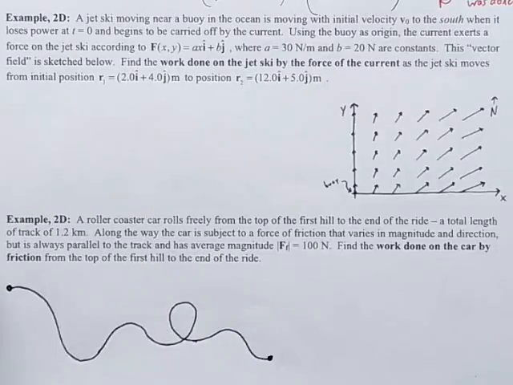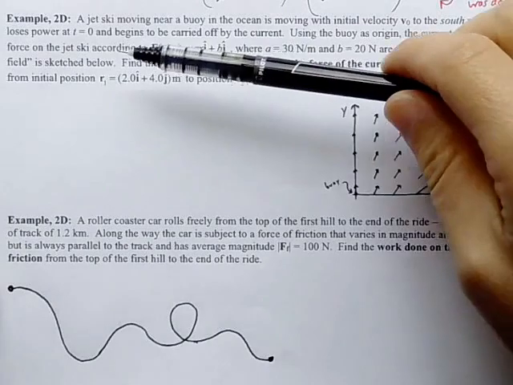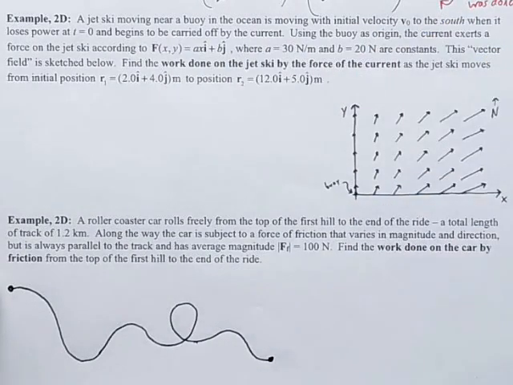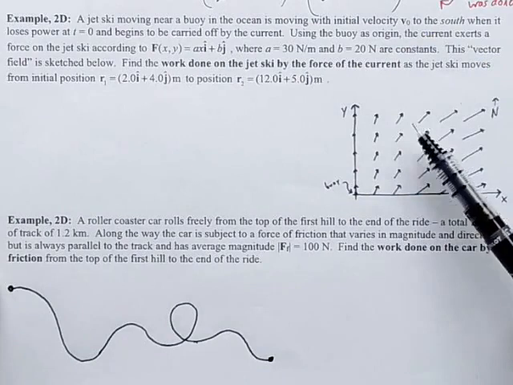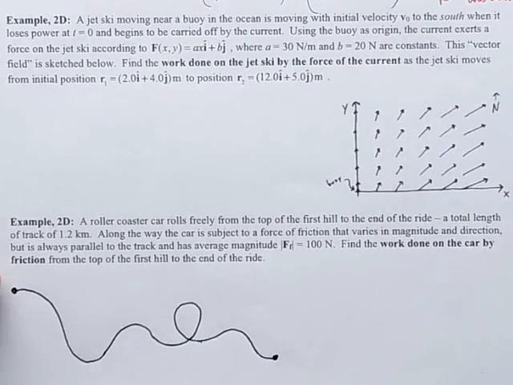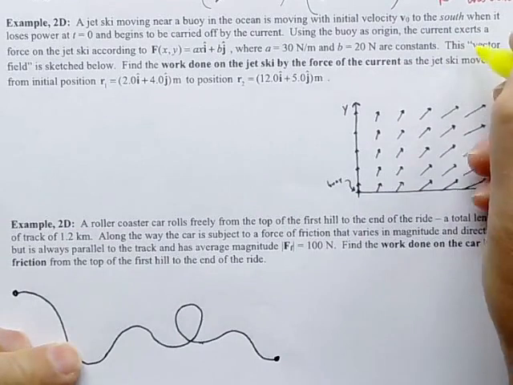We've been discussing evaluating work integrals, and now here are a pair of examples of work being done by objects moving in 2D. In this case, we've got a diagram that we call a vector field diagram.